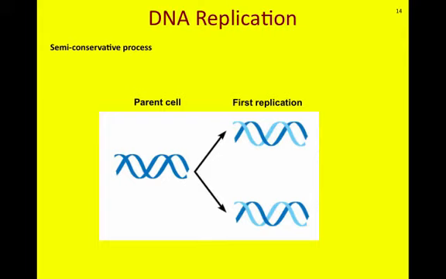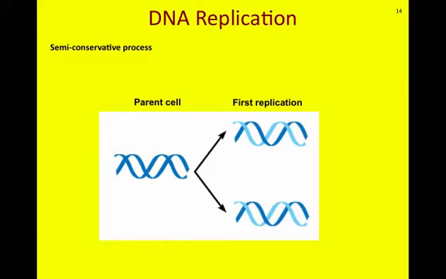DNA replication, both in prokaryotes and eukaryotes, is a semi-conservative process. That means that when the DNA in the parent cell replicates or copies itself, the new DNA strands, these two new double helices you see, actually have a DNA strand from the parent cell as well as a new daughter strand that makes up the new double helix.